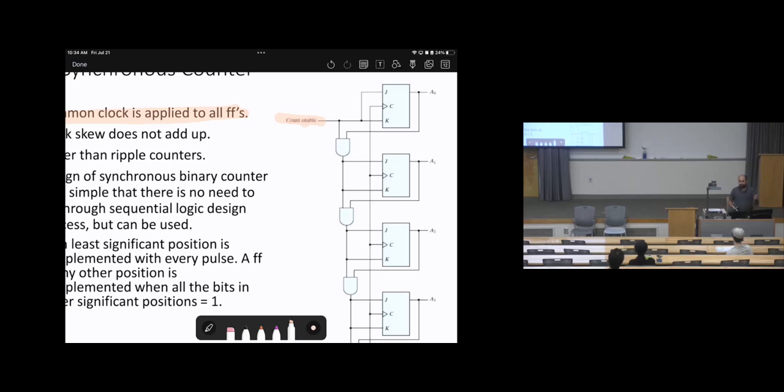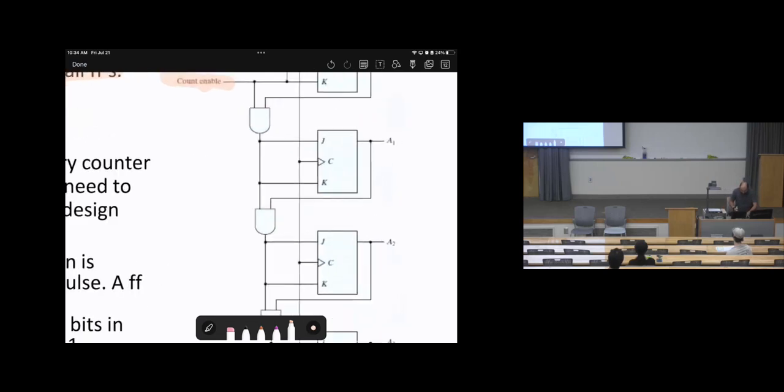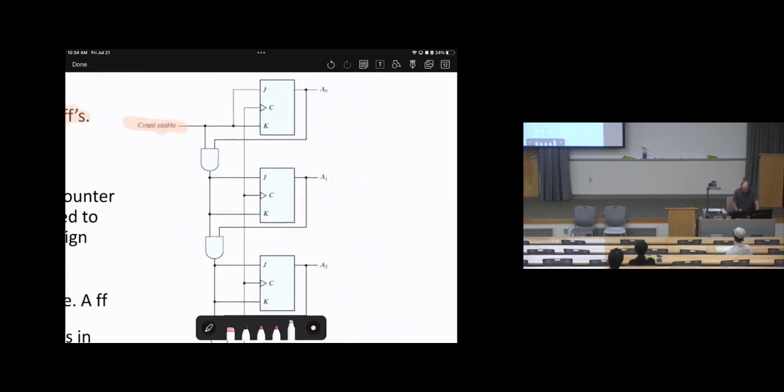So the count will matter here, and the functions that we use in the ripple counter will be different from the synchronous. The reason for the enable count is you would like to make sure to enable what will happen next. But if you don't enable the count, it will most likely remain, or if you make it 0, it will retain the data.